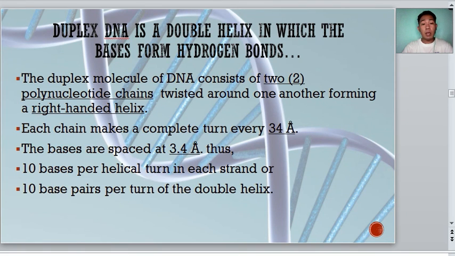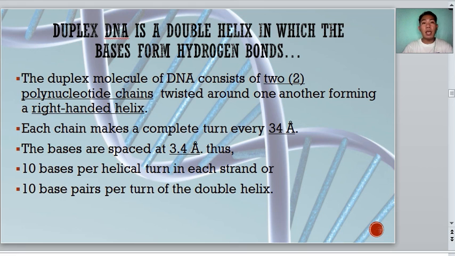Another distinguishing structure of DNA is the duplex, that means a double helix in which the bases form hydrogen bonds. The duplex molecule of DNA consists of 2 polynucleotide chains twisted around one another, forming a right-handed helix.